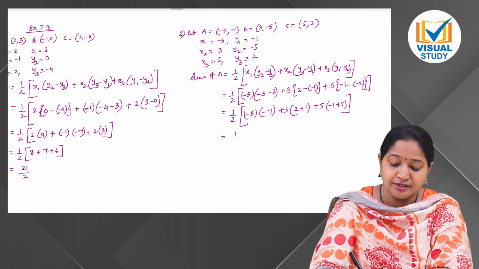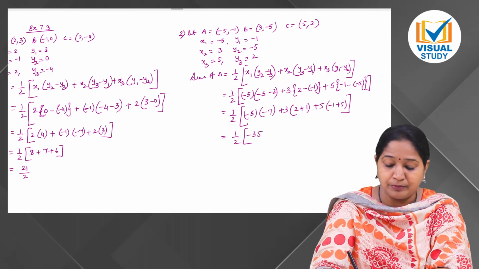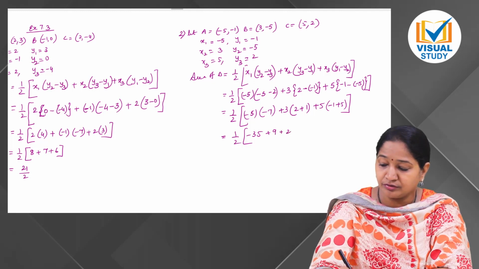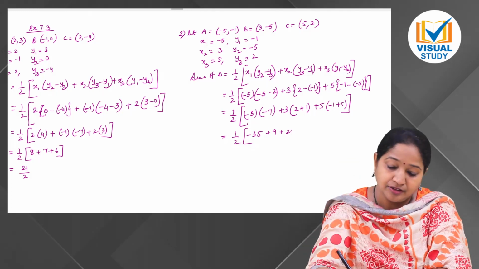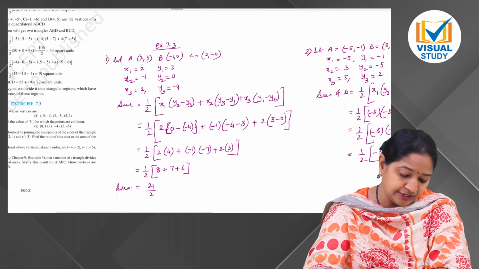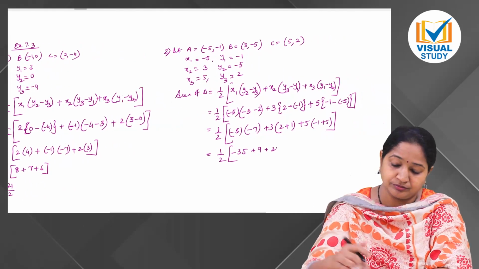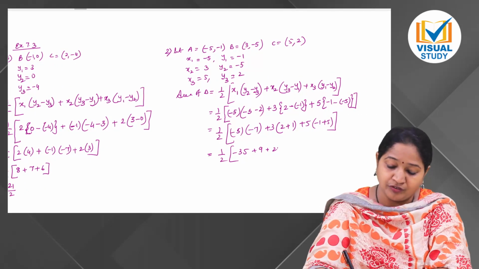What you get is minus 5 into minus 7 is minus 35, plus 3 into 3 is 9, 5 into 4 is 20.